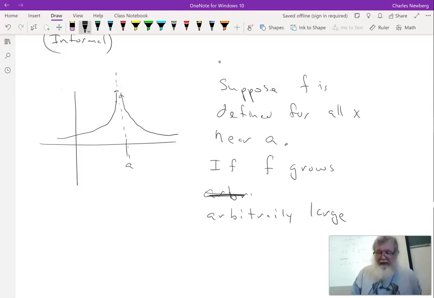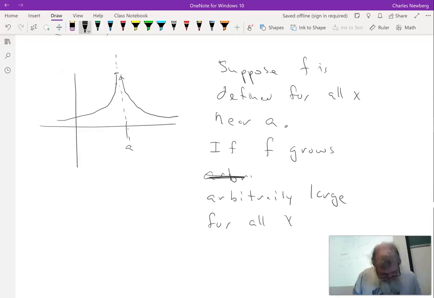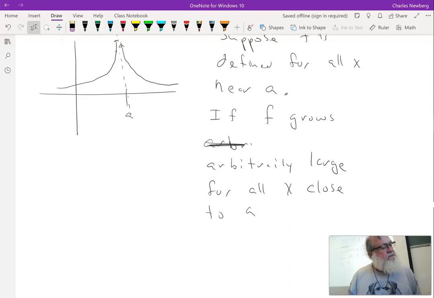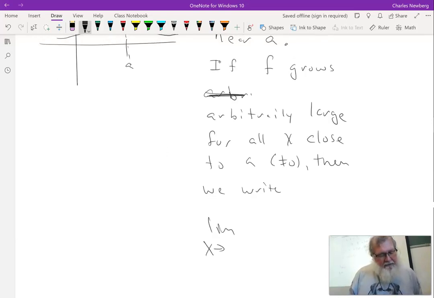So if f gets big for all x close to a, the closer we get to a, f is getting bigger and bigger, close to a but not equal to a, then we write the limit as x goes to a of f of x equals infinity.